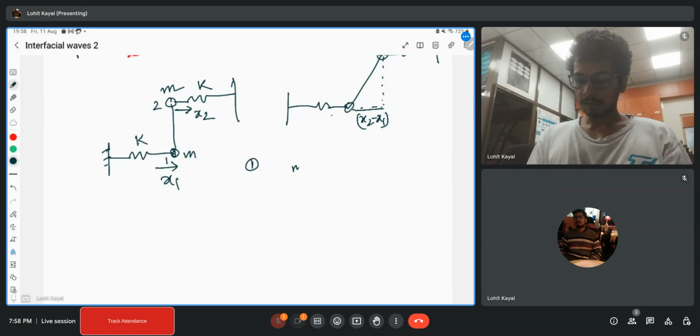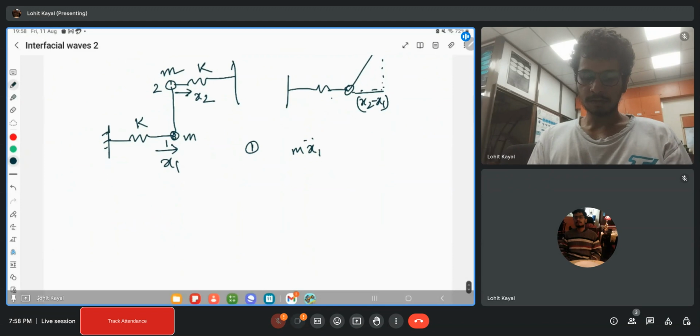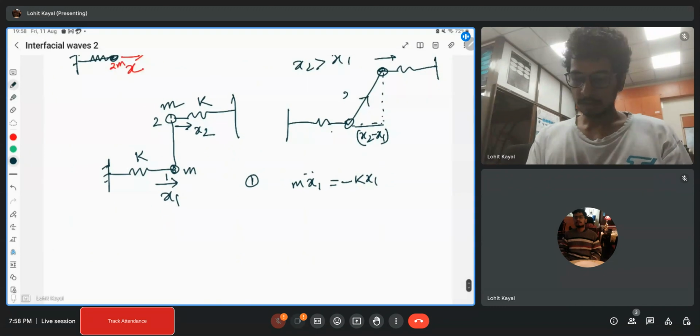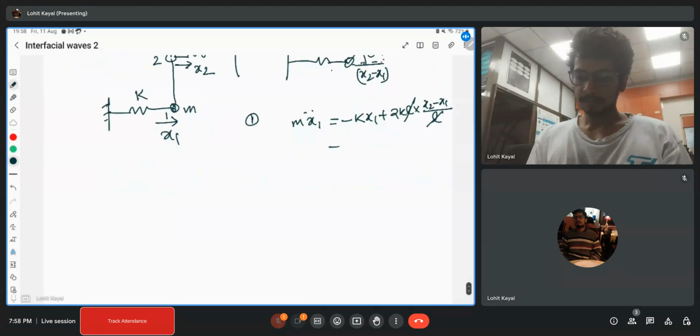For mass 1, the governing equation is m x1 double dot equal to minus k x1, plus the tension in the spring, 2k L times cos theta. This is theta, it will be x2 minus x1 by L. Cancel it out. It will be minus 3k x1 plus 2k x2.